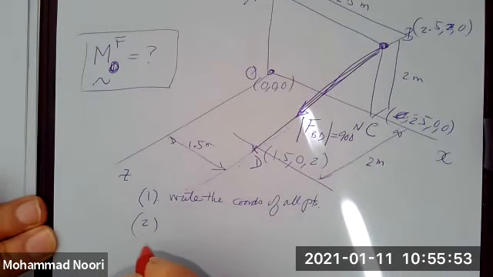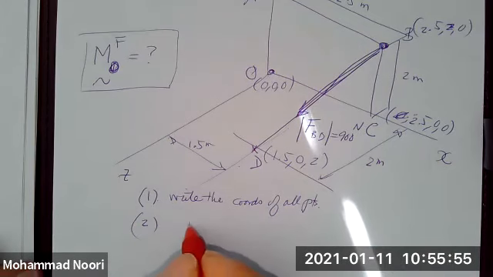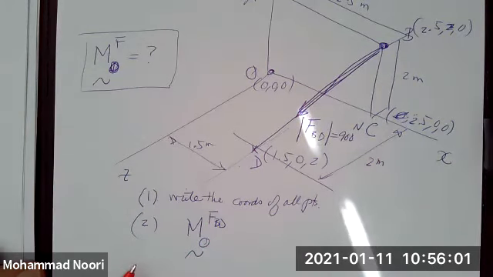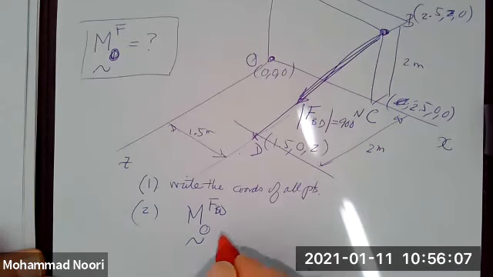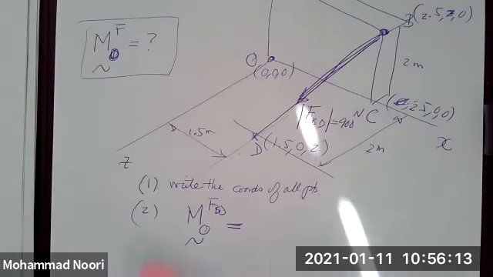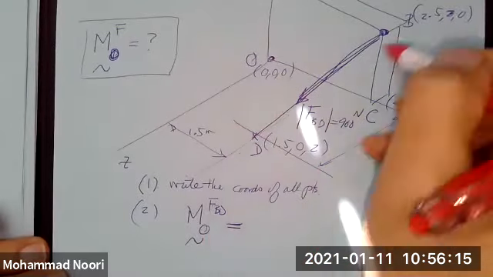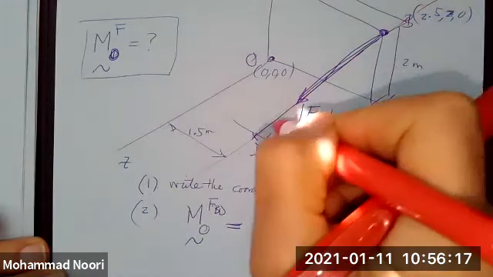The second step is what? You want to find the moment of this force BD about point O. So write down the equation that you need to solve or set up. How do you find the moment of a force about point O? I said that you can just simply connect that point to any point along the direction of this force.